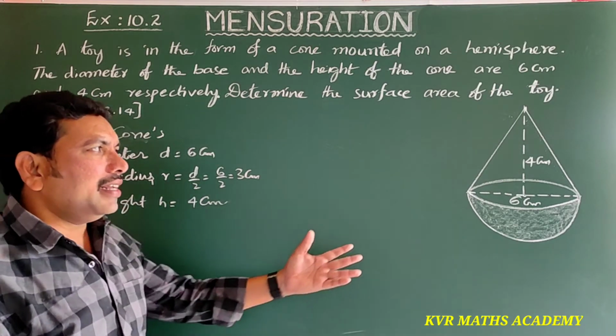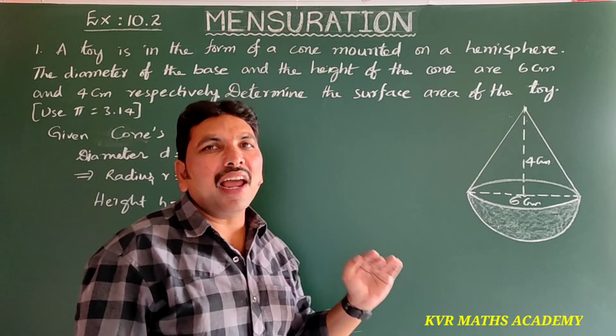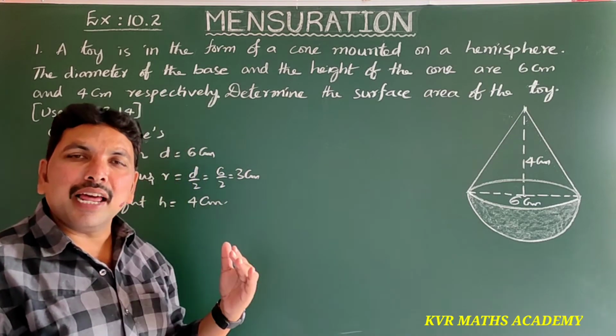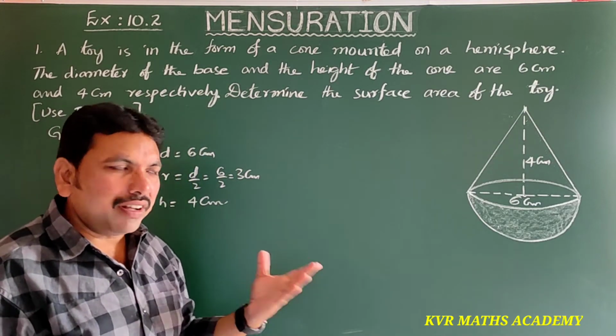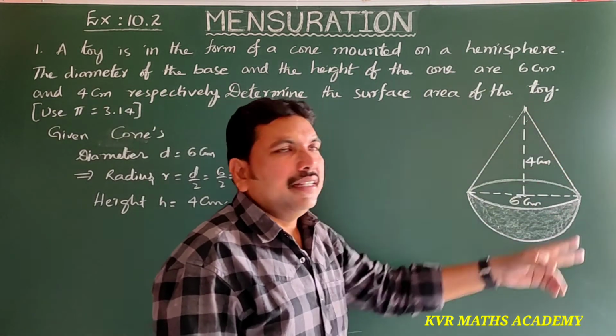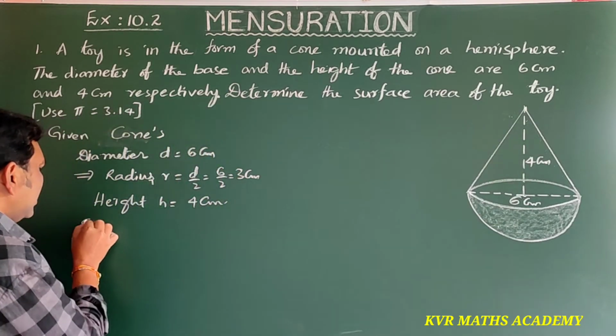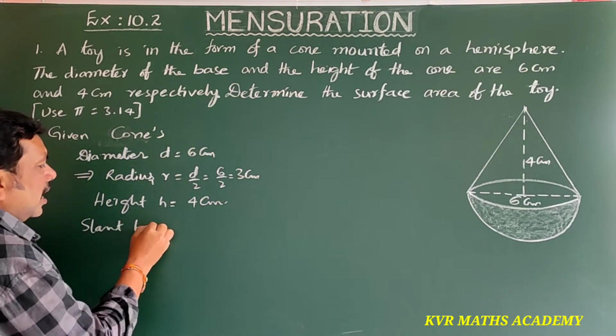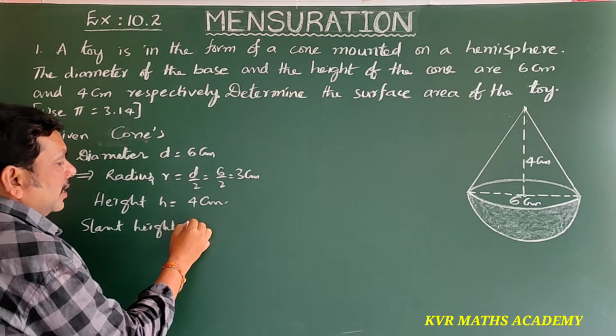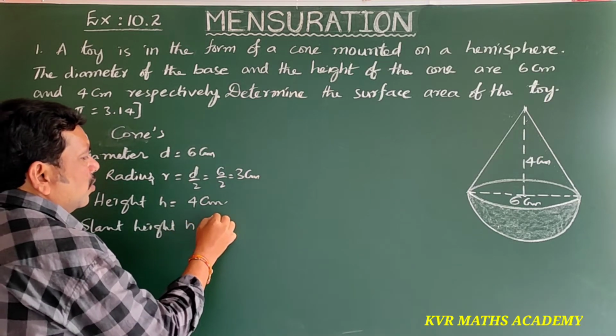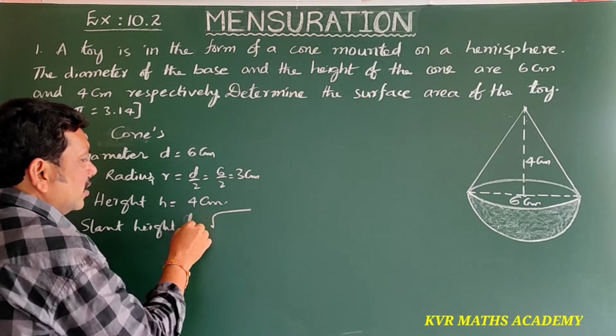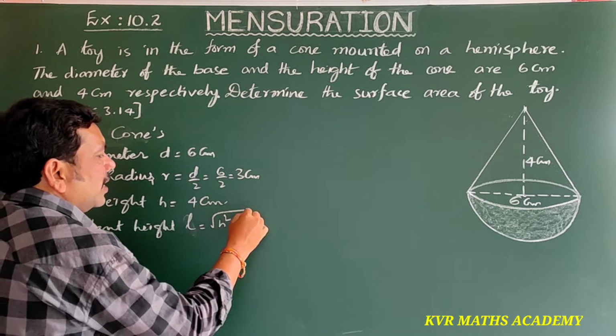Actually, what is the CSA of the cone? Pi r L, where L means slant height. We don't know it, so first find the slant height. Slant height L is equal to root of H square plus R square.